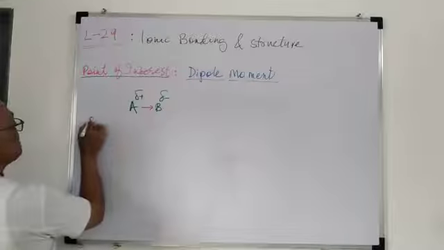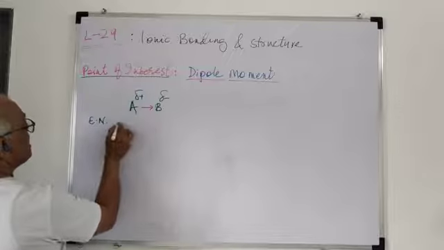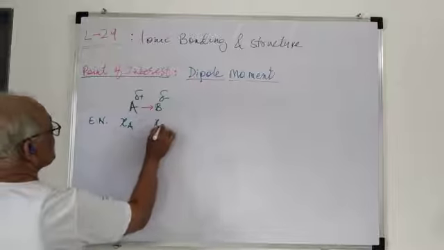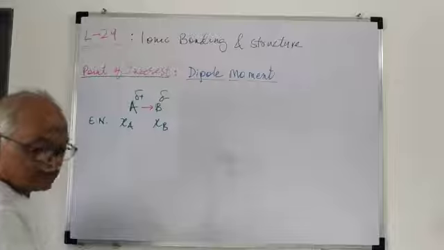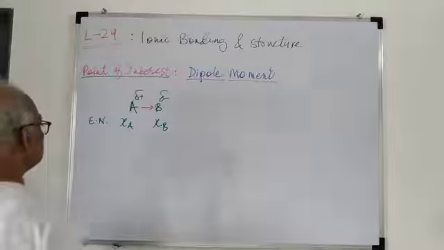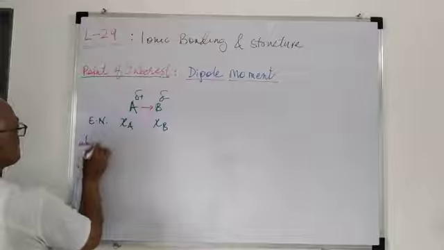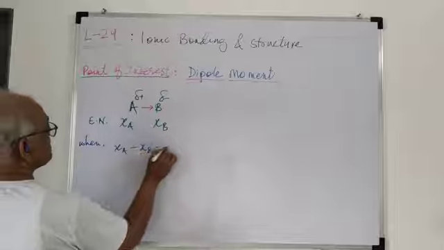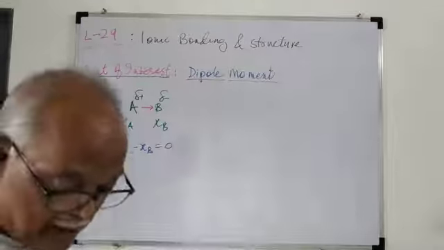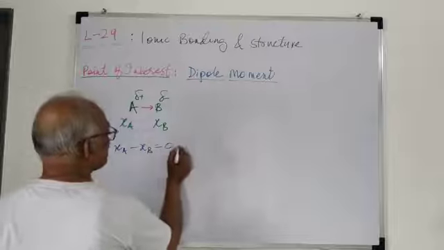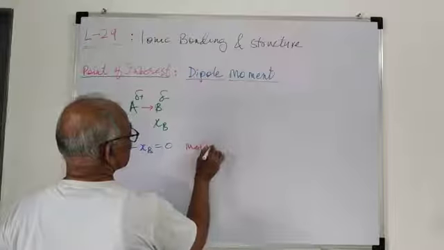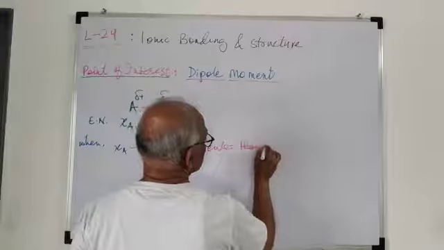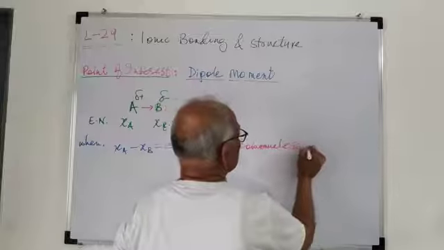The electronegativity values of A are given as XA and that for B as XB. When XA minus XB is equal to 0, the molecule is homonuclear diatomic.